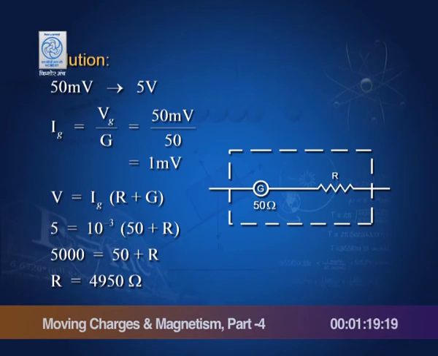So, that means 5000 equals 50 plus R, that is R equals 4950 ohms. It means if we want to convert a galvanometer of 50 ohm resistance, which gives full scale deflection at 50 millivolt, into a voltmeter of 5 volt, then we have to connect a series resistor of 4950 ohms with the given galvanometer.